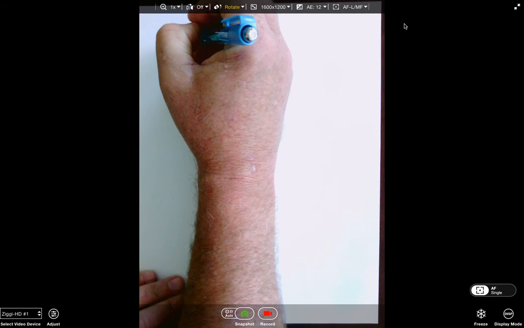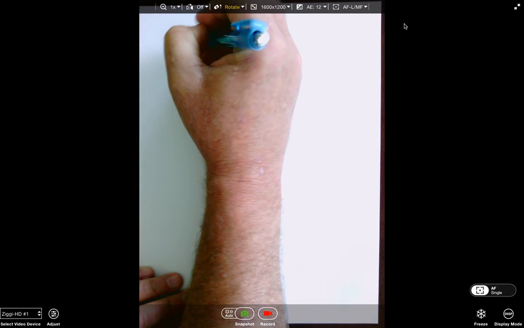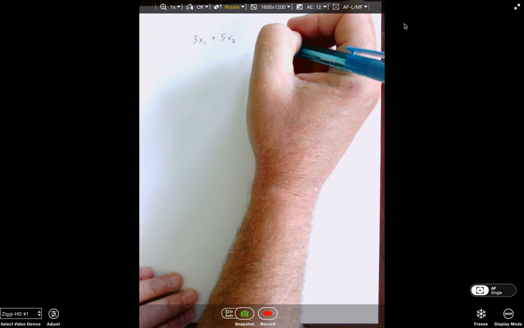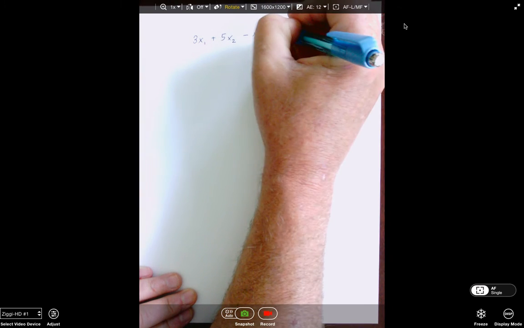I can't find it. Yeah, actually I do. All right, so let's say that we've got something like this. Let's say that I want you to solve 3x1 plus 5x2 minus x3 equals negative 7.